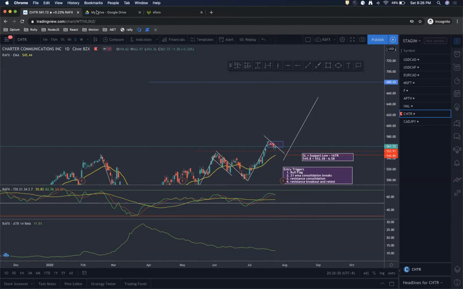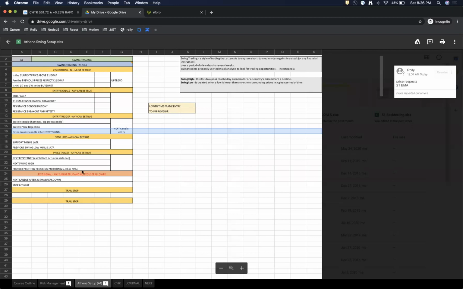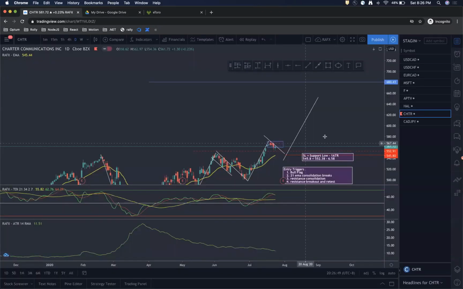Okay, so I think nandito yun. Okay, so the exit signal, next candle after 21 EMA breakdown. So meaning, yung stop loss mo is na hit. Okay, but again, I love for you to use the locked in profit.